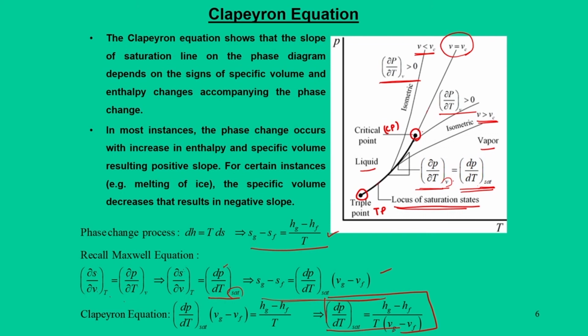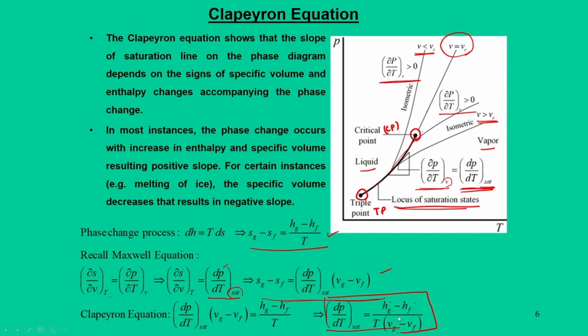That means, if you want to calculate this value on this particular curve, we can easily find it from the enthalpy changes between the gas phase and liquid phase and the specific volumes in the gas phase and liquid phase.